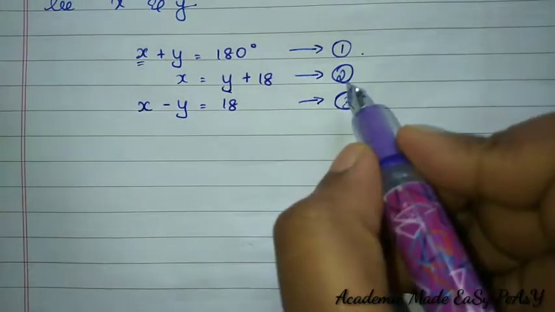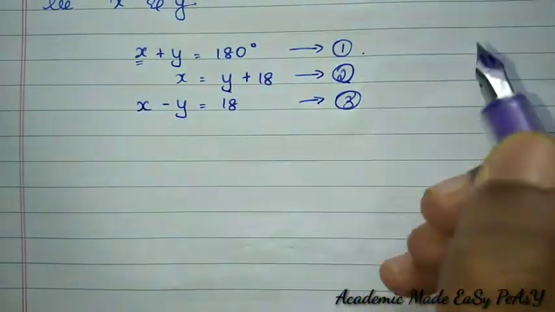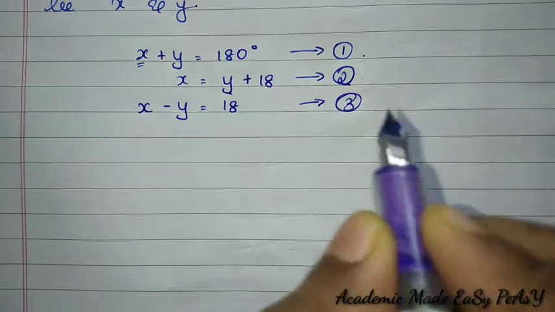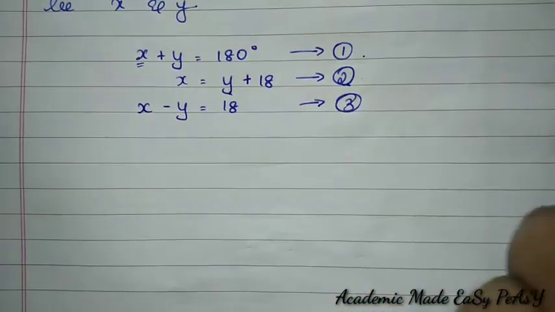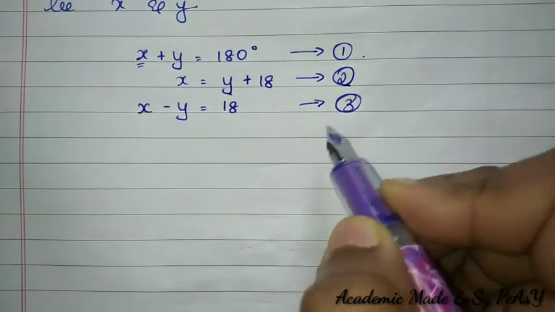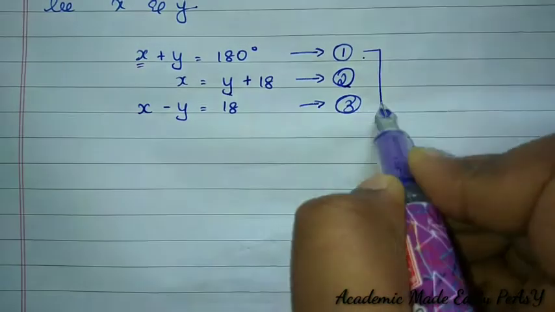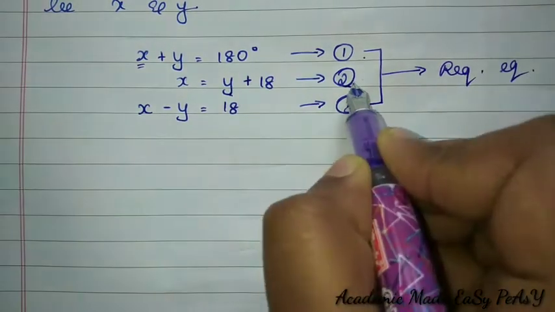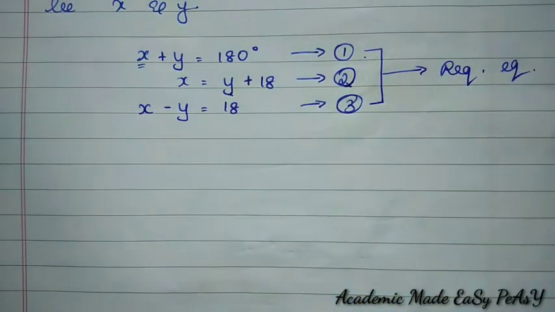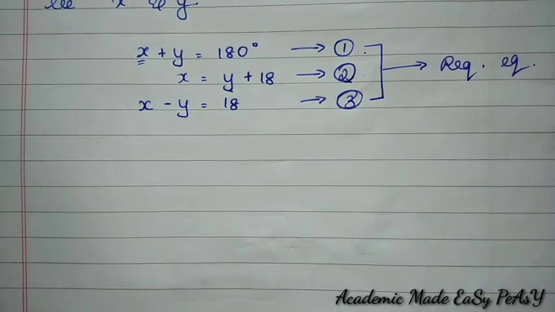I kept equation 2 as it is instead of rewriting it from equation 3, where x is equal to y plus 18. These two are the required equations; this is an extra equation, so instead of repeating it we just adjust it like this.